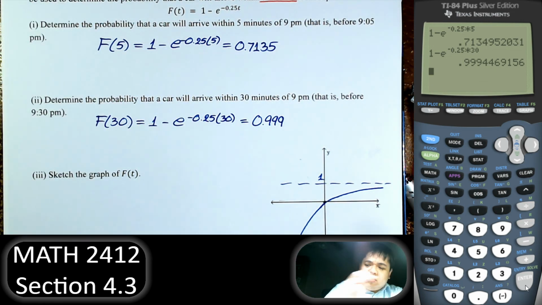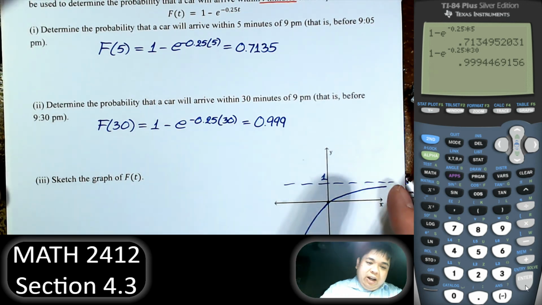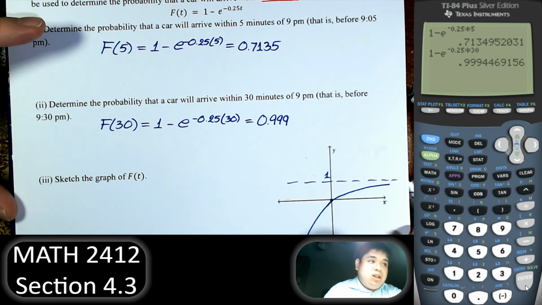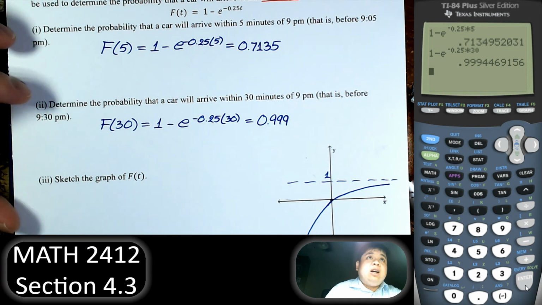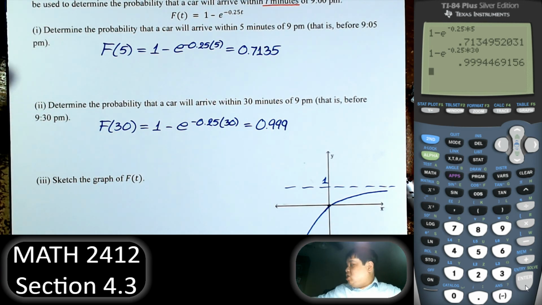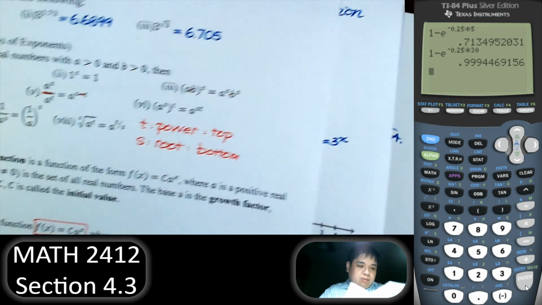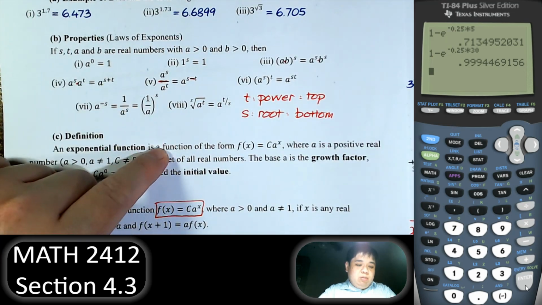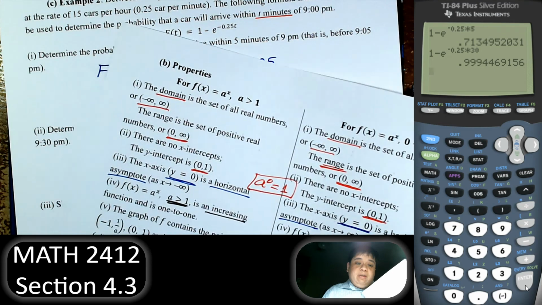Now just get used to how to use the exponential function in applications. Of course, we have a lot more applications later on. But that's what we have in this section. Pretty much the properties of the exponents. And we studied the graph of the exponential function.